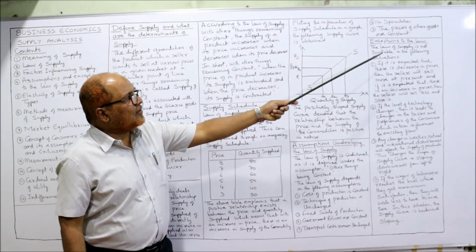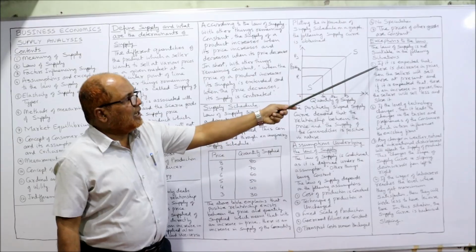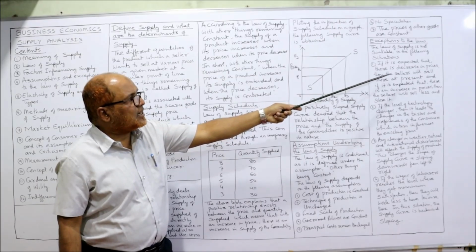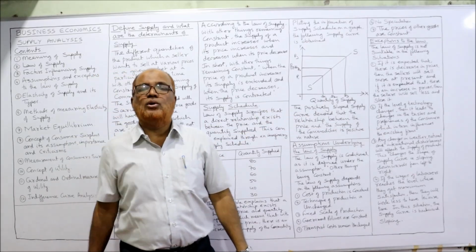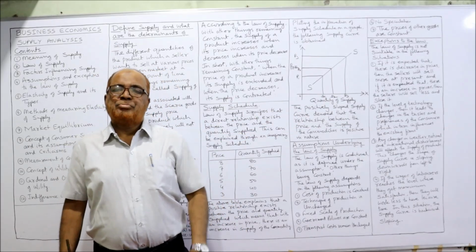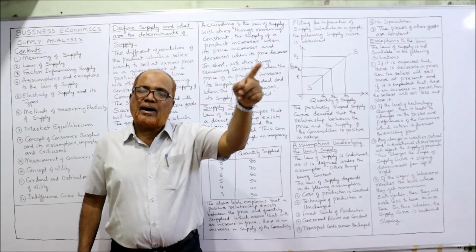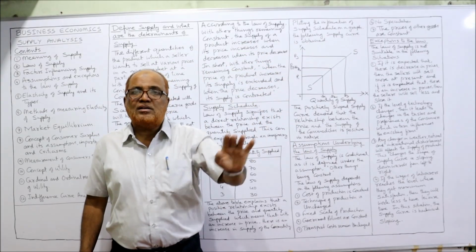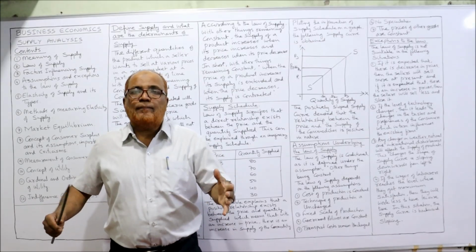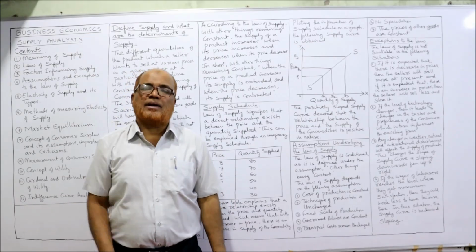First one, the law of supply is not suitable in the following. If it is expected that there is a decrease in prices, then the sellers will sell more at present. Just now I told you, speculation. If the suppliers see that in the coming months the selling price is going to decrease, then all of a sudden the sellers will increase the supply.